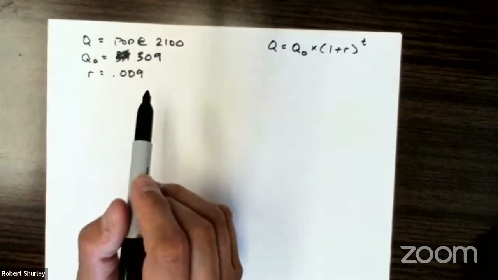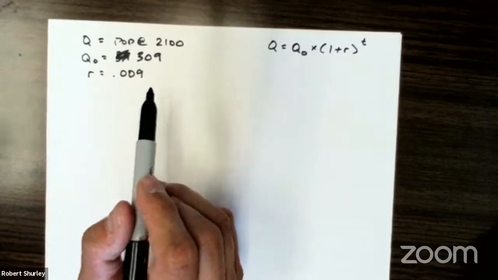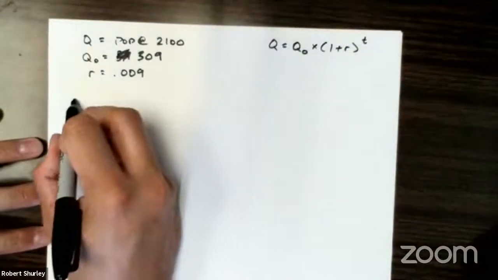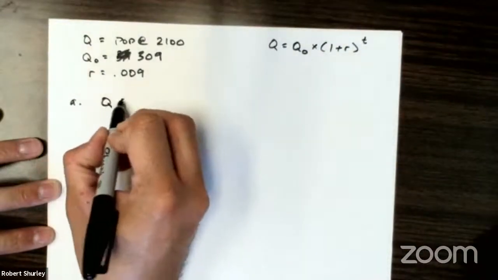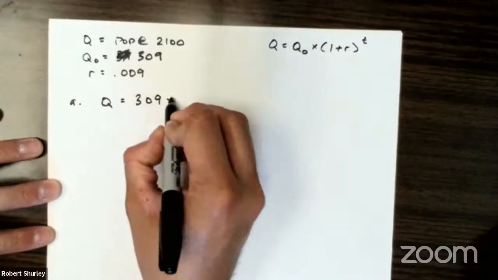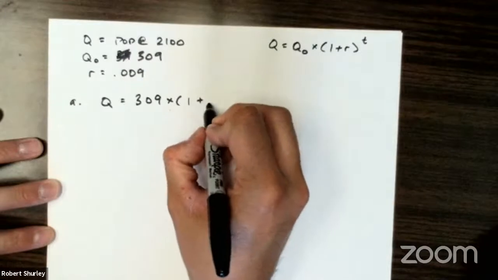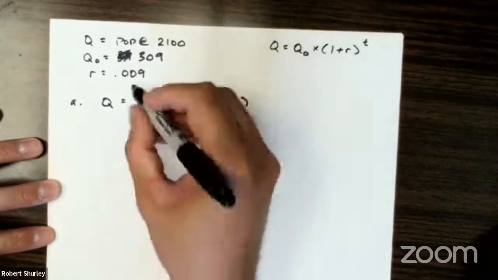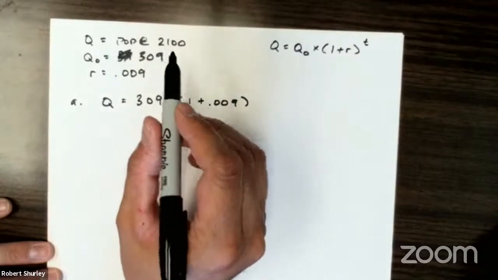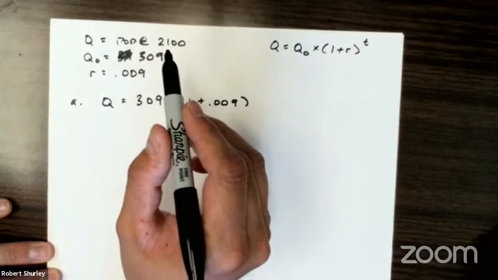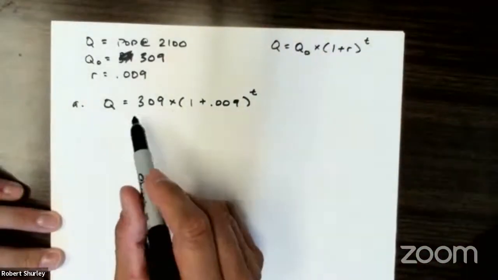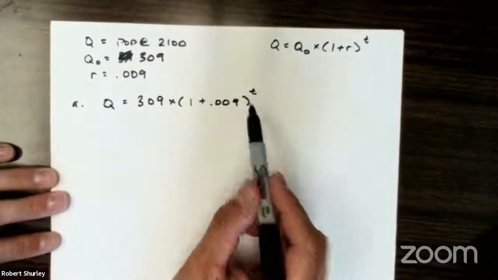Write an equation for the population that assumes exponential growth. So let's do that. We've got everything we need for this. So we're going to clean it up. For part A, it would be Q equals, because that's what we're going to find, 309 times 1 plus 0.009 raised to the T. We're just going to leave T. That would be the equation for the growth rate since 2010.